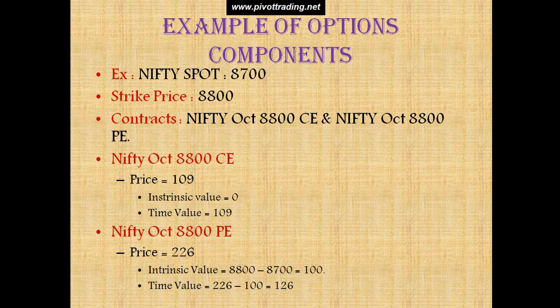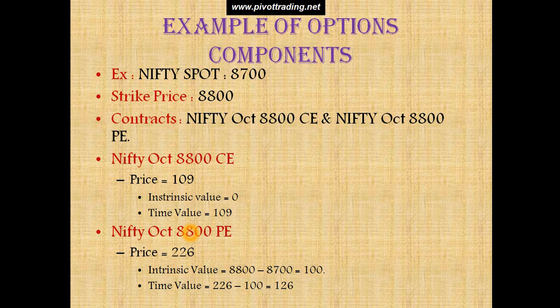Now let's come to another example. Now let's come to the put part of it. So here is an example of Nifty October 8800 P, or put. Put, or P, means you are bearish. You are saying that the Nifty is going to go down.